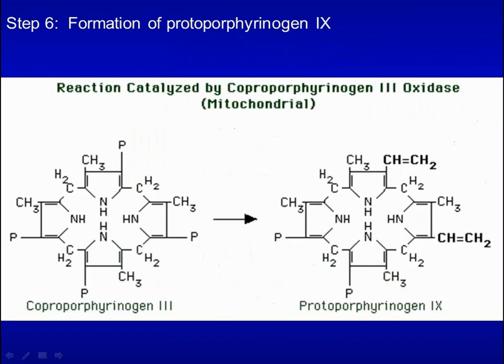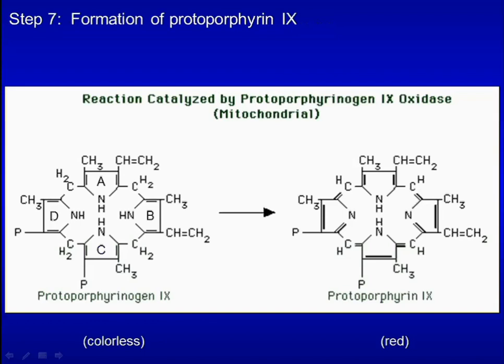In the sixth step, carboxyl groups from 2 propionate side chains are removed. 2 single bonds are converted to 2 double bonds. This reaction is catalyzed by coproporphyrinogen 3 oxidase. This reaction occurs inside mitochondria.